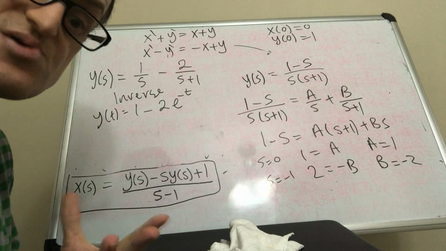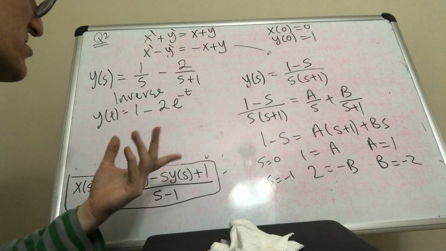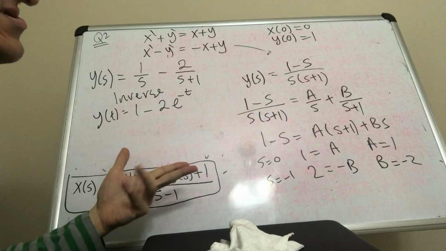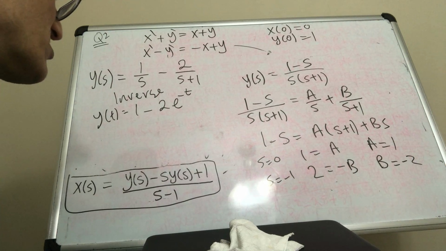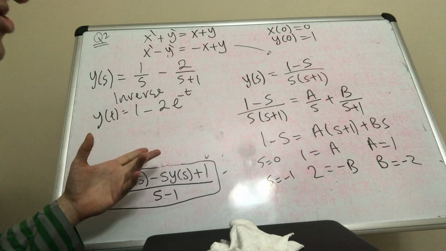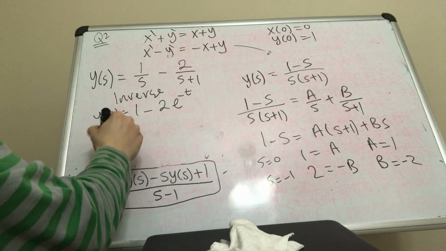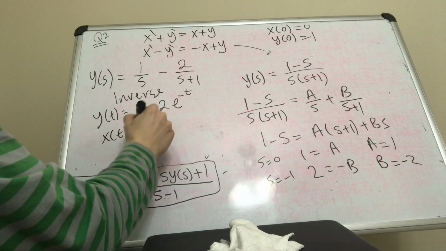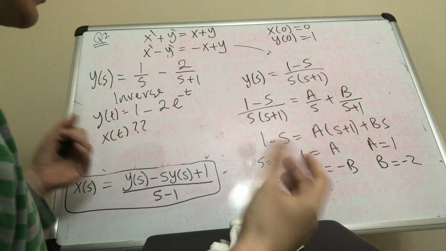In terms of information, there are no new rules or information. It's just hideous. It's a lot of steps involved. I told you that I'm going to solve for this. Now, if this is for y, you also need to get x of t. Or sometimes they might ask you to get x of t.